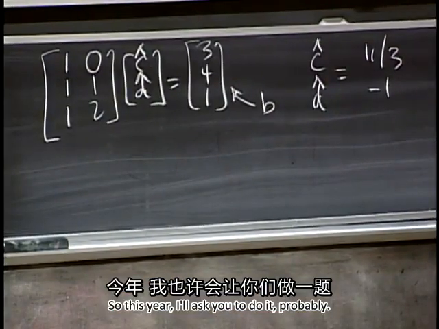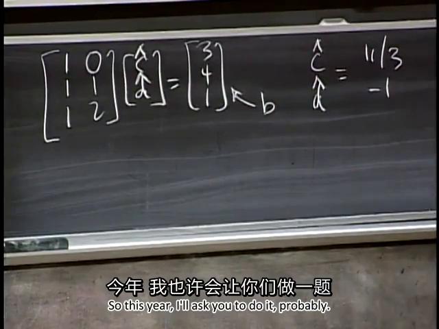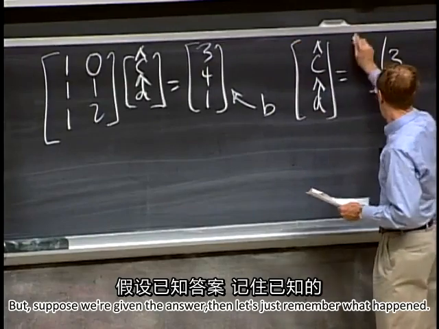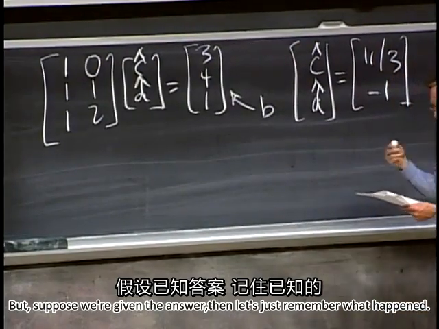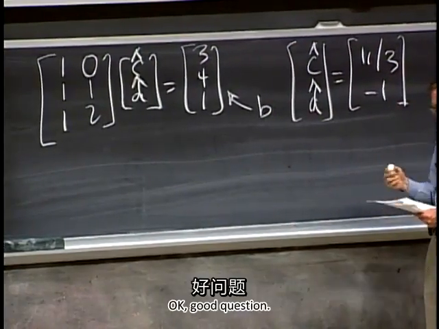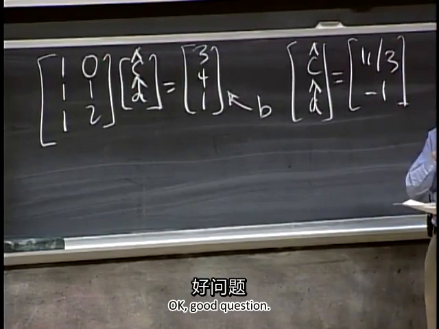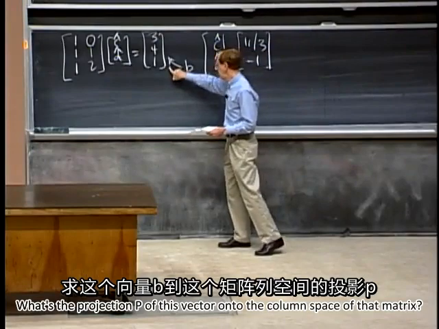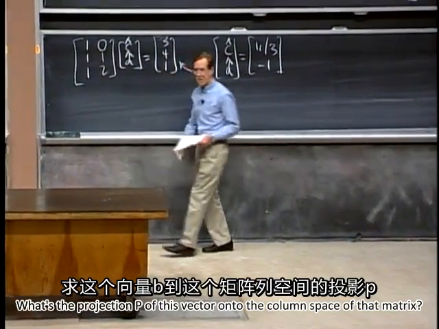So this year I'll ask you to do it, probably. But suppose we're given the answer, then let's just remember what happened. What's the projection P of this vector onto the column space of that matrix?